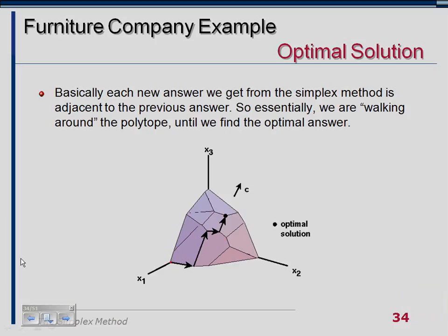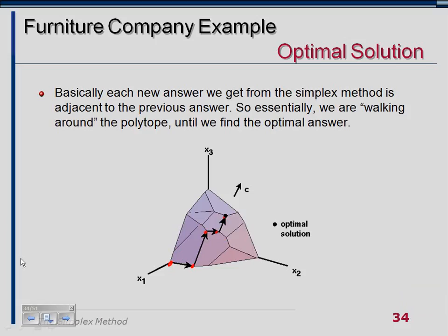So we've reduced the number of corner point solutions that we have to evaluate drastically. So essentially, the simplex method just walks around the polytope. It kind of walks around these perimeters, these boundaries, until you find the optimal solution.